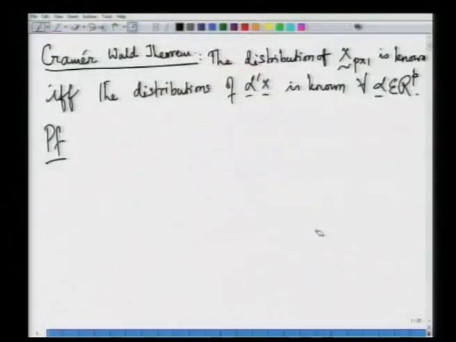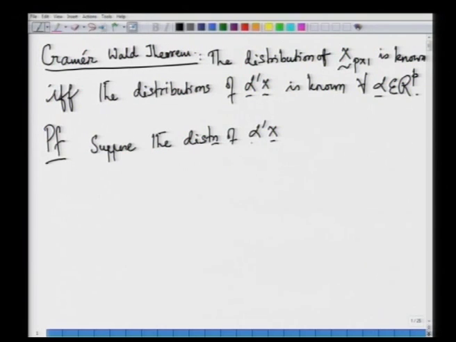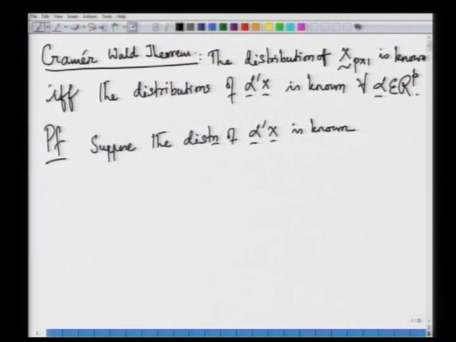So, for the if part, we take that suppose the distribution of alpha prime x is known. So, we are essentially proving the sufficiency or the if part of the theorem. Here we assume that the distribution of alpha prime x is known. If it is so, we can say the characteristic function of alpha prime x at t.